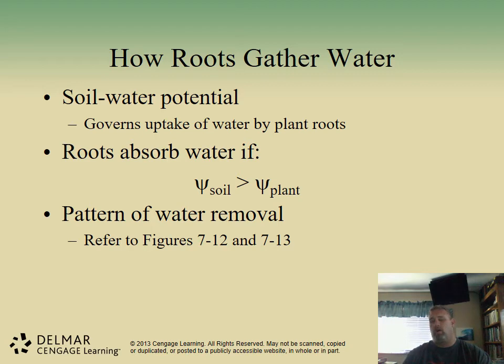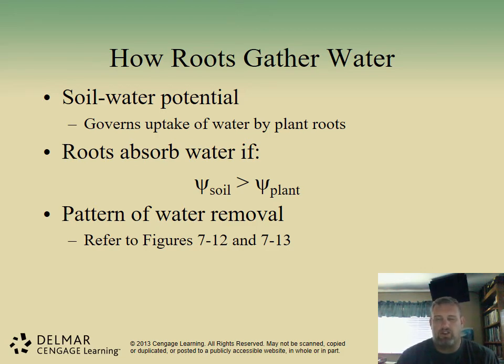When roots are gathering water, it also is affected by soil water potential, and we talked about capillary action. Capillary action is very similar to soil water potential in that it has to do with high and low potential. To think about this, imagine a very wet, full-of-water sponge placed in a bucket of water.